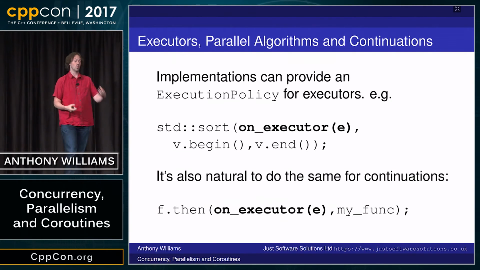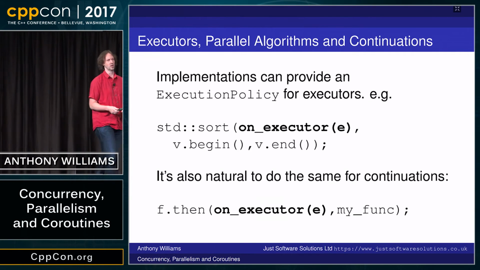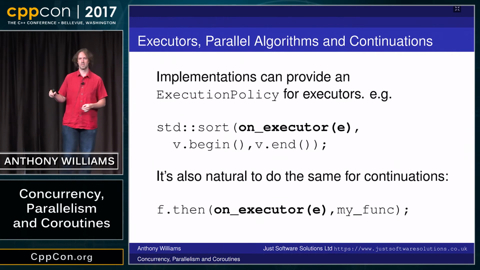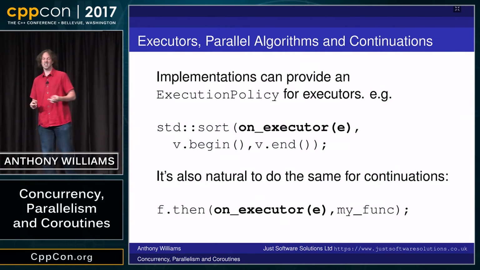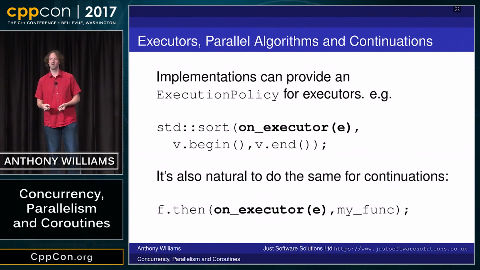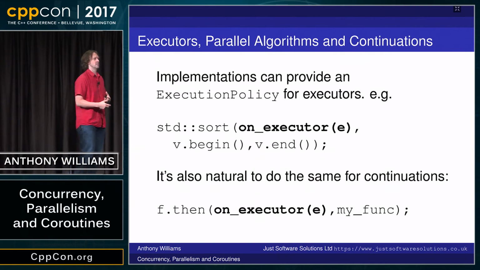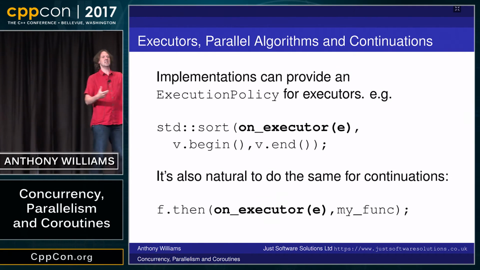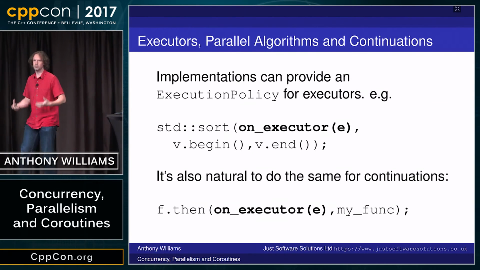Now that's actually worked quite well, because the TS as specified runs the continuation on an unspecified thread. You don't know whether it's a new thread. You don't know whether it's a pool thread. In theory, it could be your GUI thread, when you don't want anything to run on the GUI thread unless you're intending it to. Any thread in the system. So with the concurrency TS, this is deliberate.